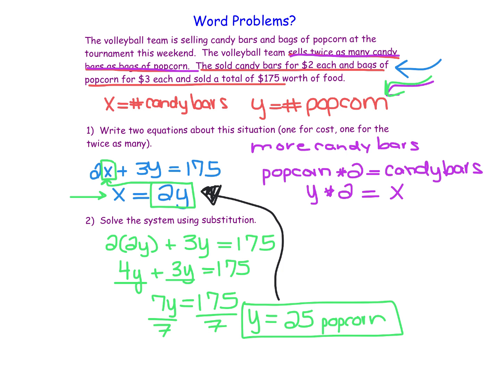Well, I notice this second equation is really easy. This is where it's stating that I sold twice as many candy bars as popcorn. So I can take my popcorn, which is 25, multiply it by 2, and I find that I sold 50 candy bars.